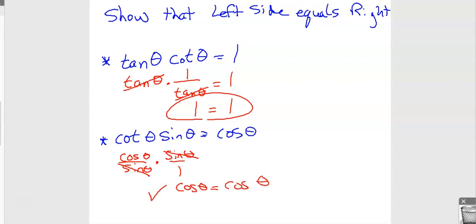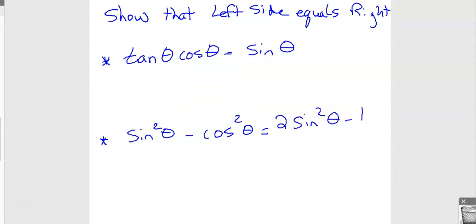Check mark. Very similar. You have sine over cosine times cosine. The cosines cross out, and what's left is the sine. You're proving the left side equals the right side.